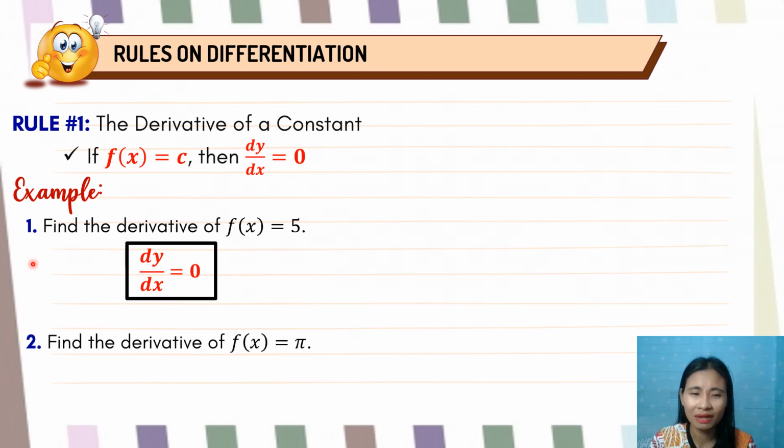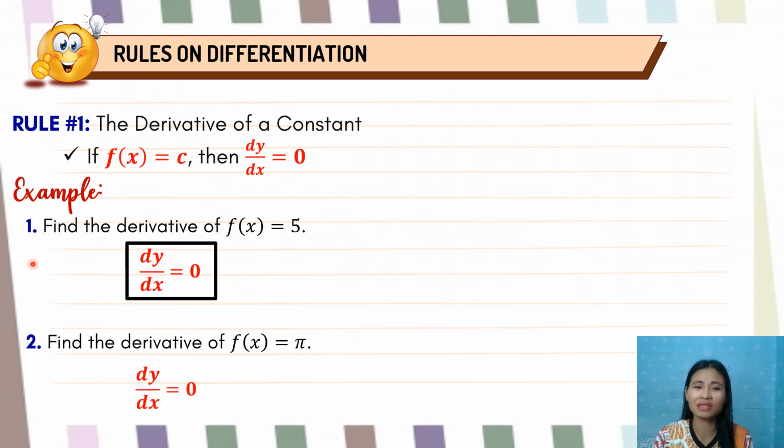Another example: find the derivative of f of x is equal to pi. Remember, pi has a value of 3.14159 and so on and so forth. So the value of pi is an example of a non-repeating, non-terminating decimal. Since pi has a constant value, that means it's a constant.